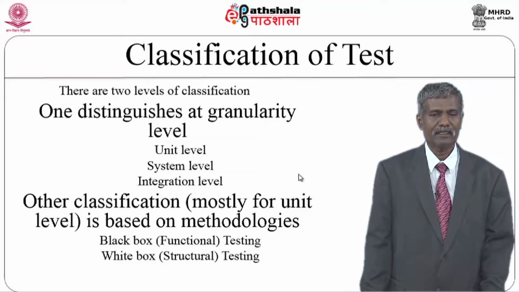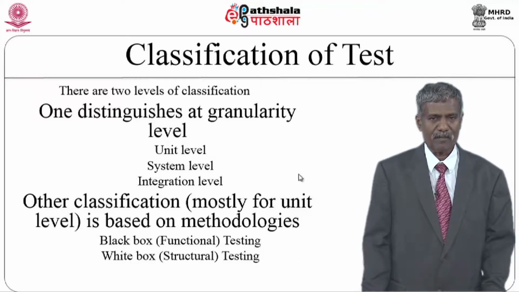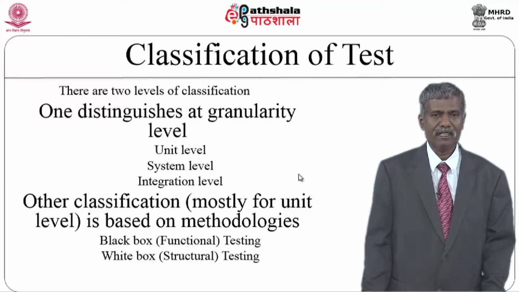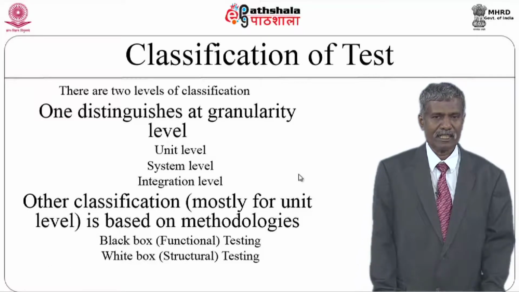Unit level means you take a larger project. Assume that it consists of 10 modules. When you make the 10 modules of a software, you test module 1 separately. You are developing module 1, testing it, developing module 2, testing it. If you are testing each and every module separately, it is called unit level testing.